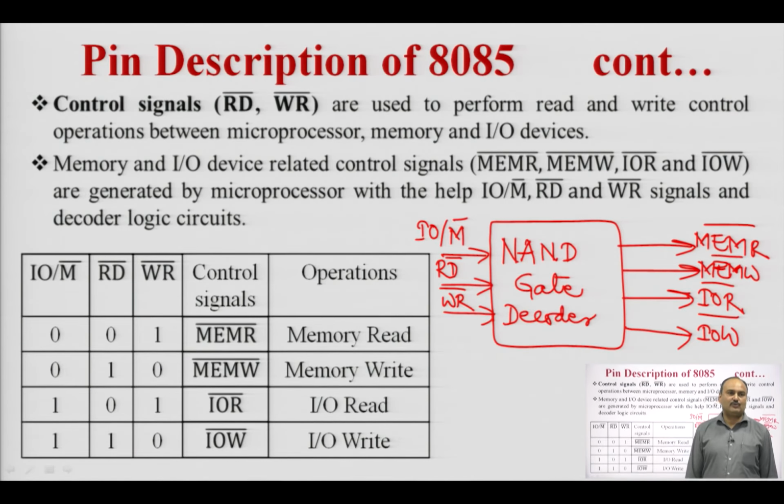Similarly, for input output or memory 1, read 0, write 1, the control signal is input output read and the operation performed by the microprocessor is input output read operation. For the input output write operation, the control signal is the input output write signal, the status of the signals is IO/M bar is 1, read signal is 1 and write signal is 0. This way the microprocessor will generate the control signals.